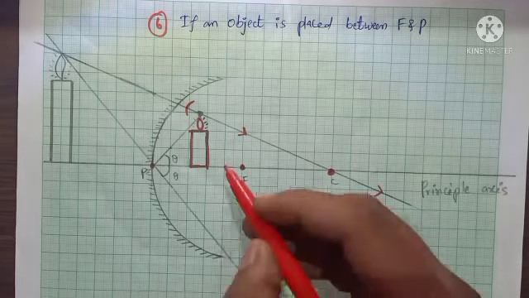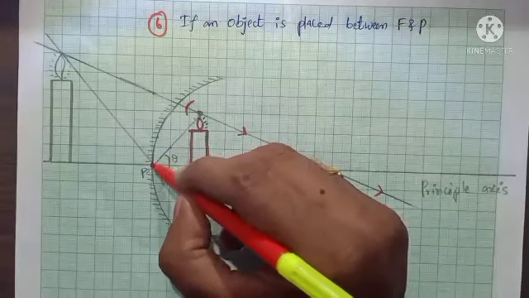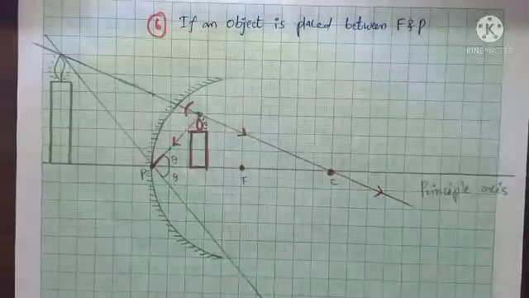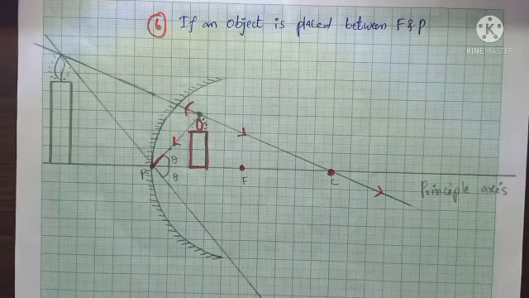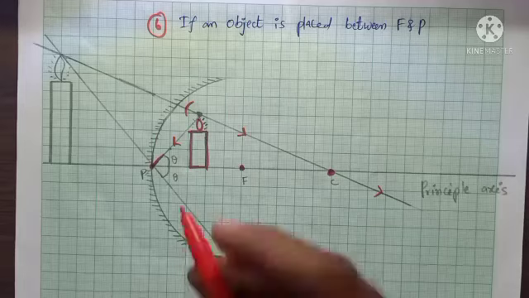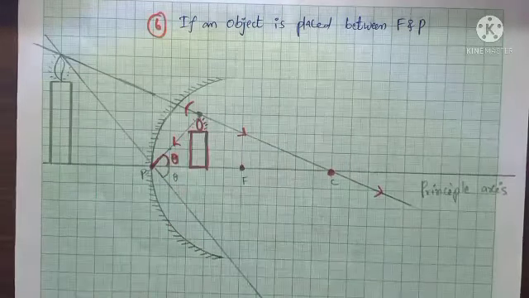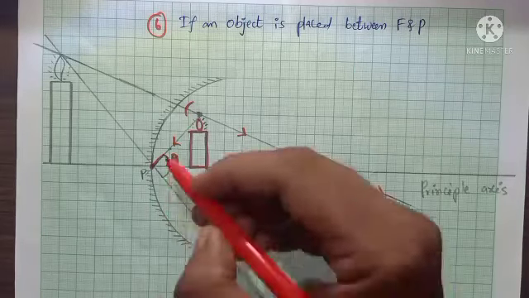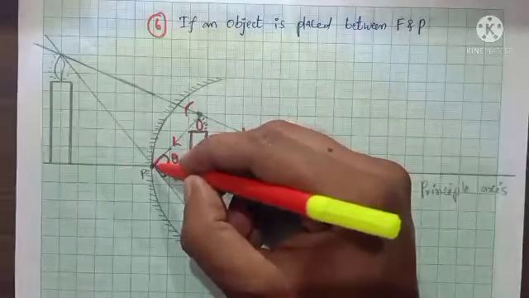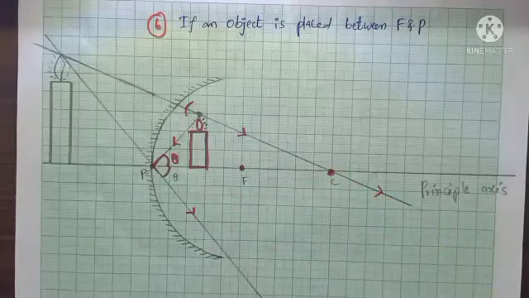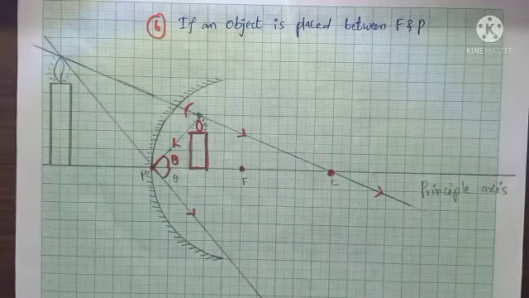After that, if you take any ray that hits the mirror at the pole, the reflection angle is the same as the angle of incidence, and after that it reflects and passes away from the mirror.